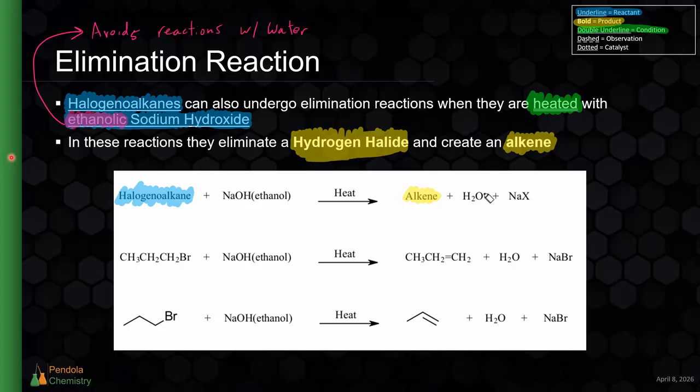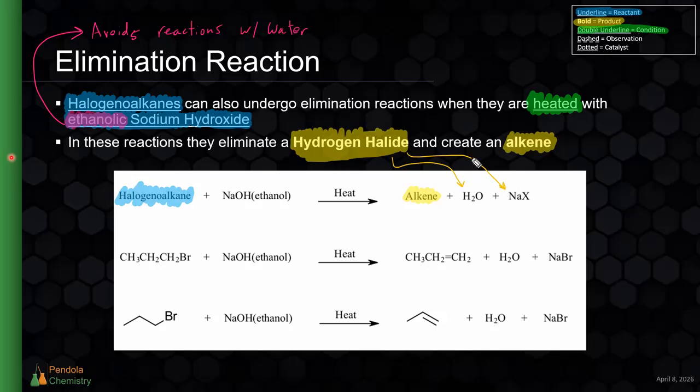Now, a lot of the time you will see this hydrogen halide split up into water and a sodium halide if we're using sodium hydroxide.